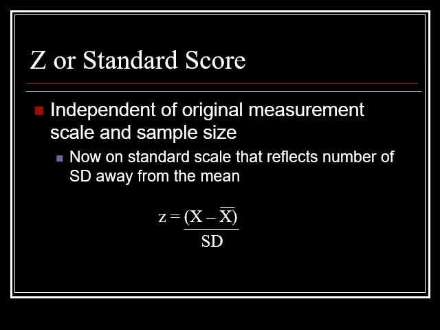The problem with standard deviation units, as I hopefully have already communicated, is that they are still tied to the original measurement scale. In other words, you can't compare a standard deviation score from one measurement to a standard deviation score on another measurement unless those scales are exactly identical. What a z-score allows us to do is calculate, based on the standard deviations, a standardized score.